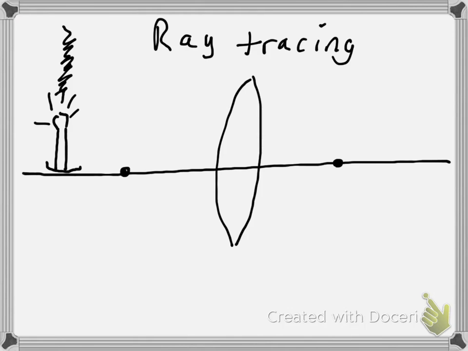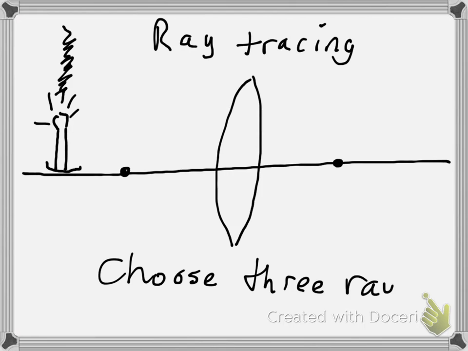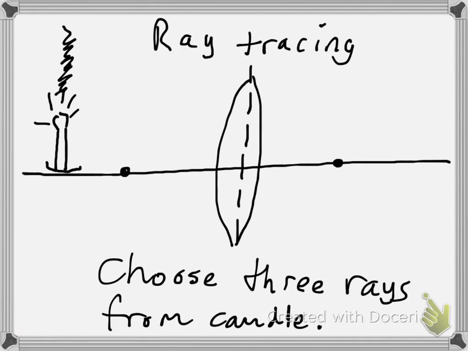Okay, ray tracing. And what we do is we choose 3 rays from the candle. All right, and first note that the distance from the focal point to the axis will be denoted as little f.